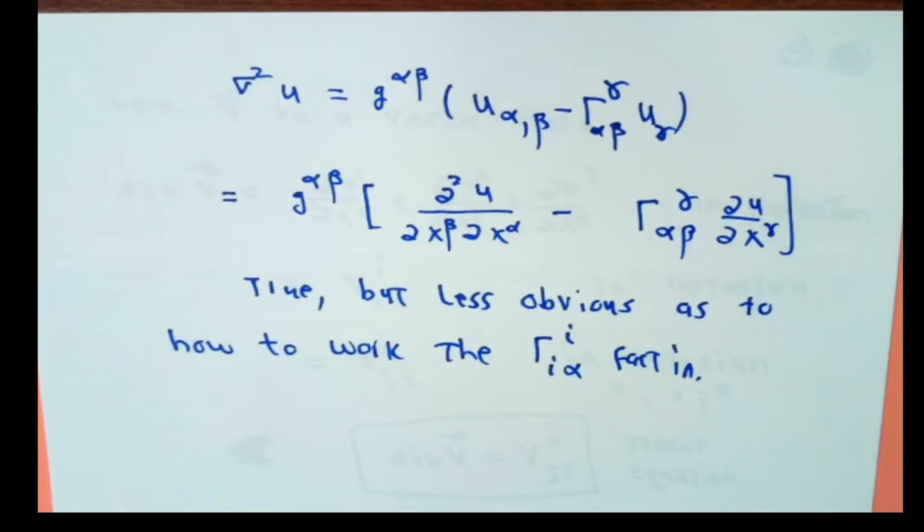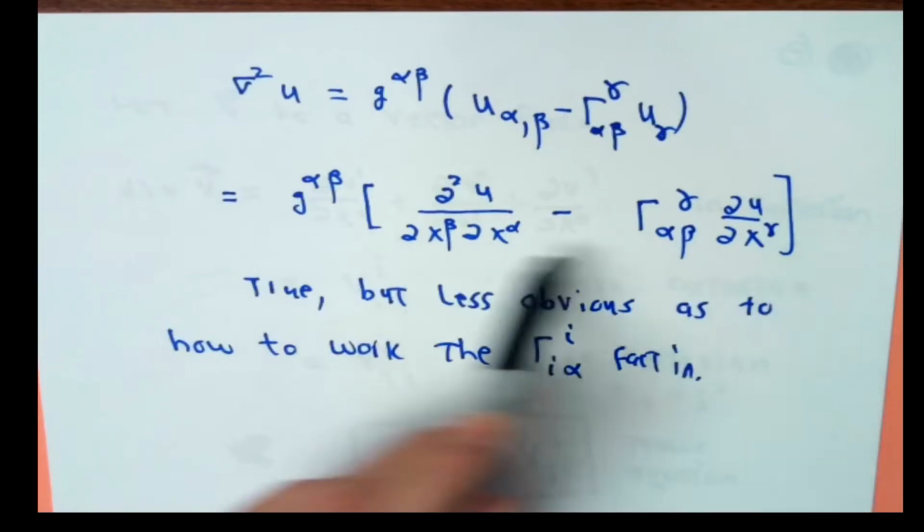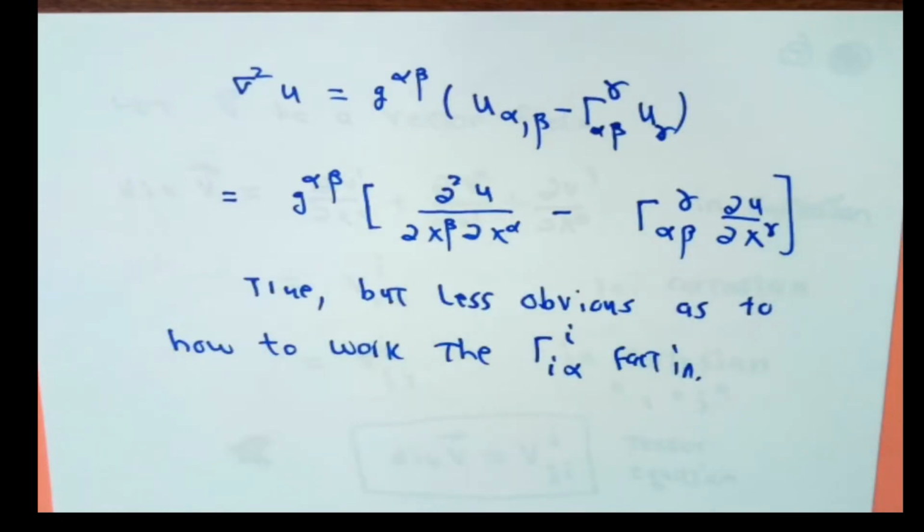You could then write it out in this format, but this is very messy looking, and it's not obvious how I should take advantage of my gamma II alpha fact. So this idea is true, but it's not as useful as the other one is.